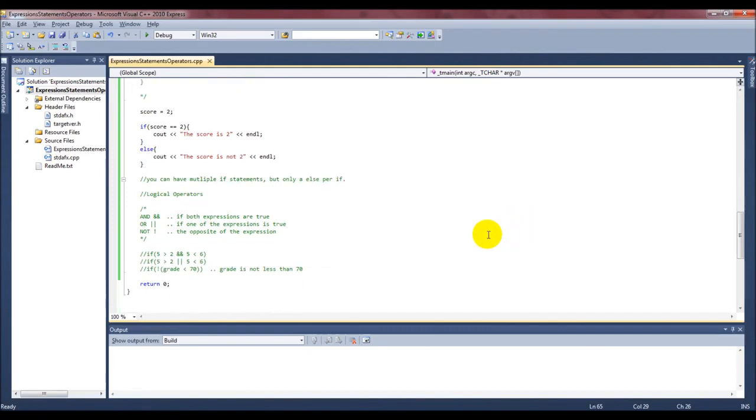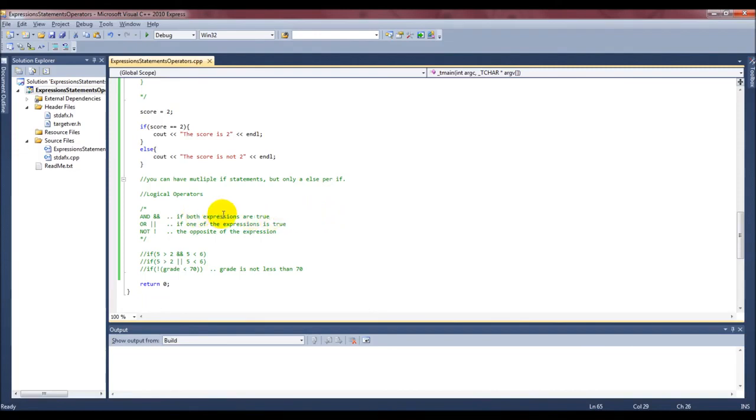And to sum up our operators in C++, we have also logical operators. Now this is very interesting. Take note of these because they're very important on how to evaluate expressions. There's an AND in C++, and it's defined by these two ampersand signs. If both expressions are true, then it evaluates to true.